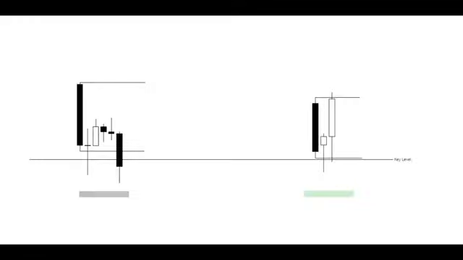You can see that the CRT on the right was purged at a key time, and after that, price went out to take out the opposing range high, and it worked out, right? But in the graphic on the left, you can see that the CRT was not purged at a key time, right? That's why it only reached the 50%, but then it reversed and took out the low. It worked out in the sense that it reached the 50%, but still for it to work the best, it has to be purged and formed at a key time.